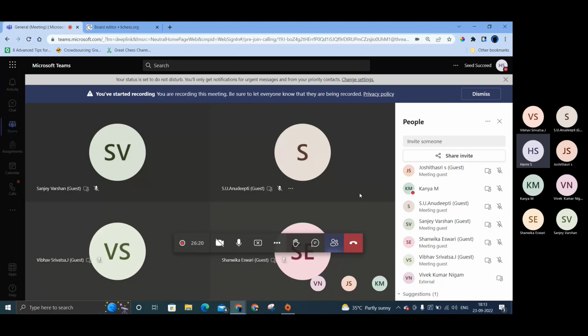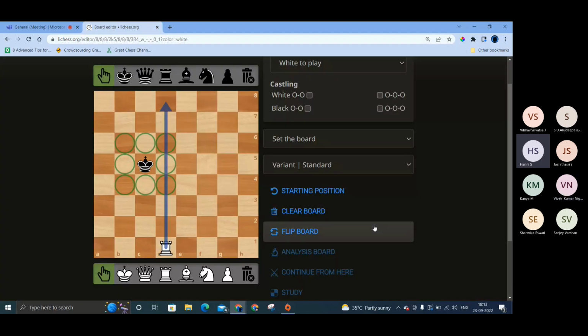King cannot move to a square which is controlled by the opponent. Okay, so now we will do some exercises on it.